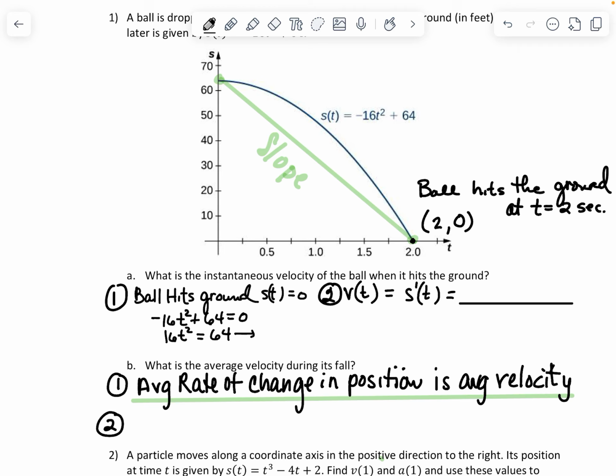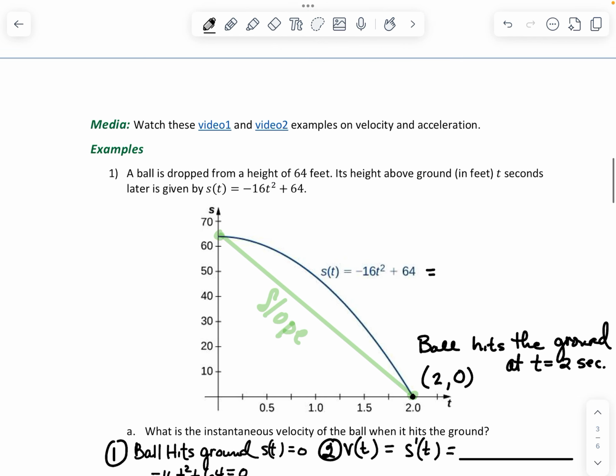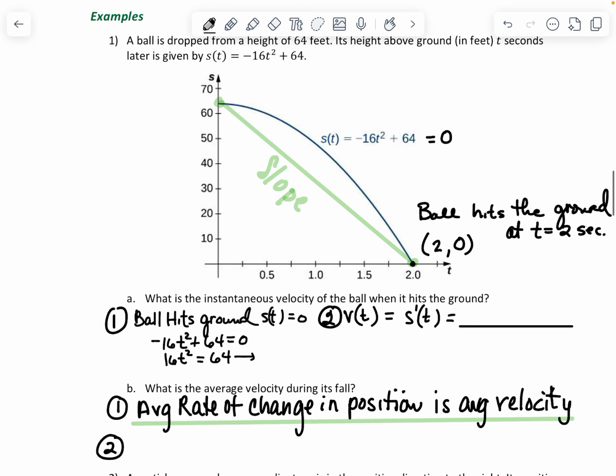Now, if you're looking at this graph, it's clearly 2 seconds, and you can plug it in and say, oh yeah, that's right, it's a height of 0. But remember, there are times where you're going to have to set this equation equal to 0, and you would probably factor it or do something and find t is equal to 2. All right, and I think I have that down here.